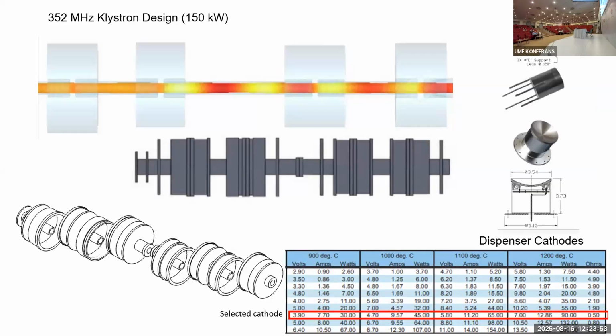The upper one is the CST simulation. Everything was tracked. It's the dispenser cathode. This one was the selected code, about 7.7.